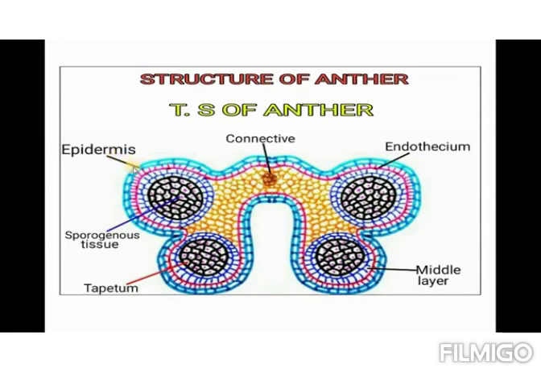As you know, in all structures the outer wall is called the epidermis. Epidermal cells are flat cells. You can see the structure of the cells. They are flat cells, and this is called the epidermis, and their function is protection. They are protective in nature.